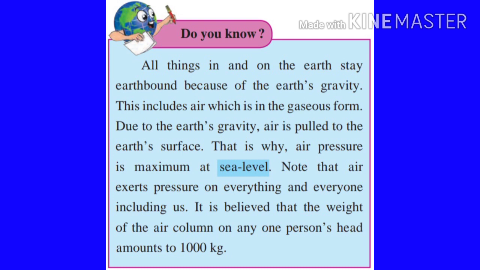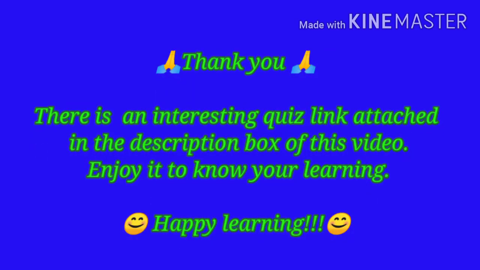That is why air pressure is maximum at sea level. Note that air exerts pressure on everything and everyone, including us. It is believed that the weight of the air column on any one person's head amounts to 1000 kilograms.